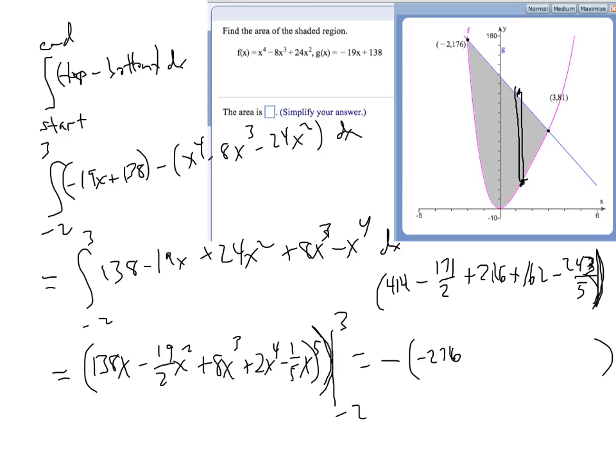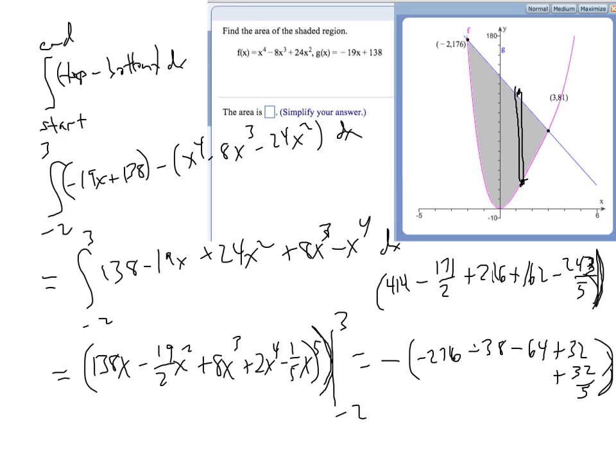I'll have 19 halves times negative 2 squared, so that's 19 halves times 4. It's 38. I'll have 8 times negative 2 cubed, so that's negative 64. I'll have 2 times negative 2 to the 4th, which is positive 32. And then I'll have minus 1/5 times negative 32, so plus 32 fifths. And again, all of that is in parentheses as well.